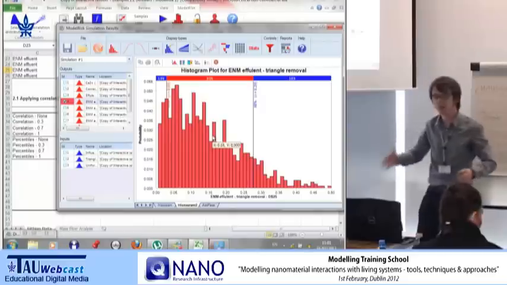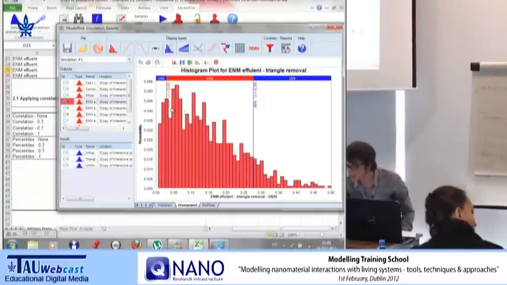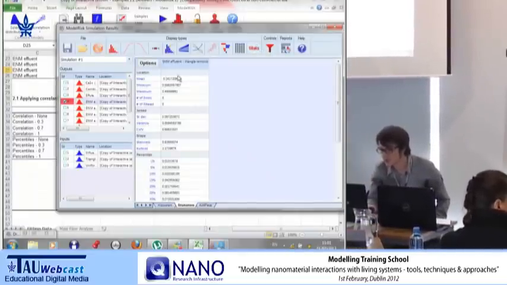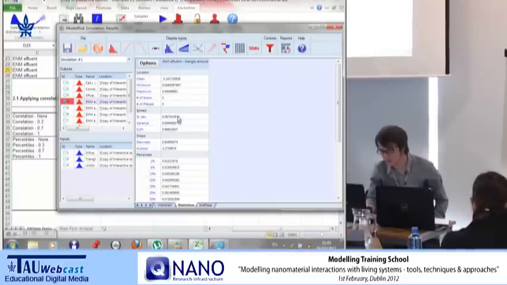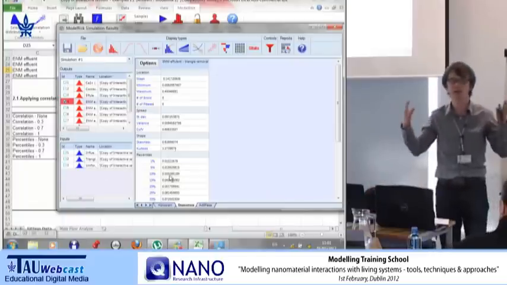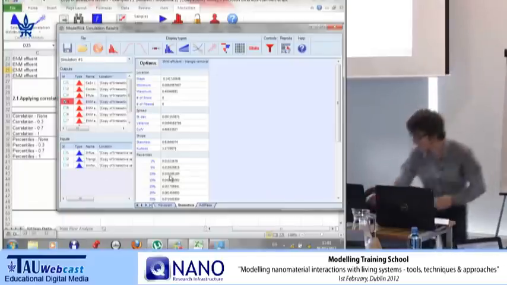It's not a single value, it's a range. And you have here your 10th percentile, your 90th percentile. You can look at your statistics, which gives you a mean, a minimum, a maximum, standard deviation, variance, covariance, and then your different percentiles. So depending on how much confidence you want in your results, this is it.